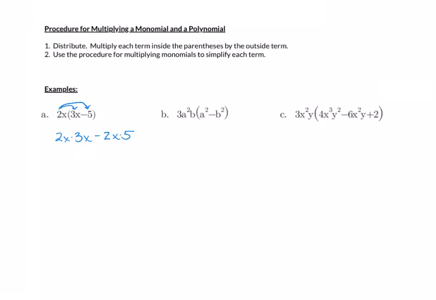And so now we want to simplify each one of these little monomials. Inside each term, the first one we get 2 times 3 is 6. X times x is x squared. Minus 2 times 5 is 10. And we still have an x.